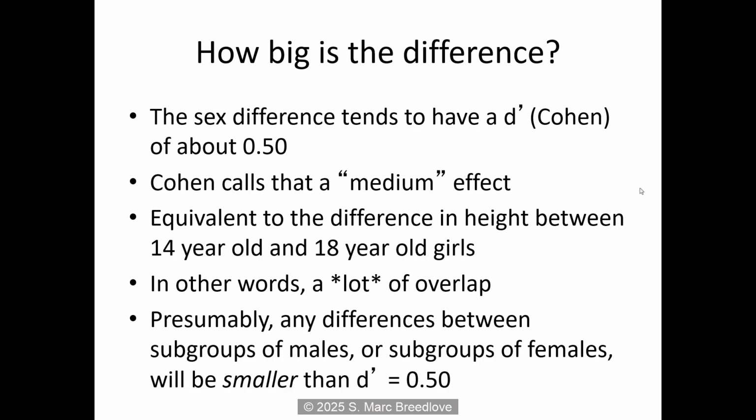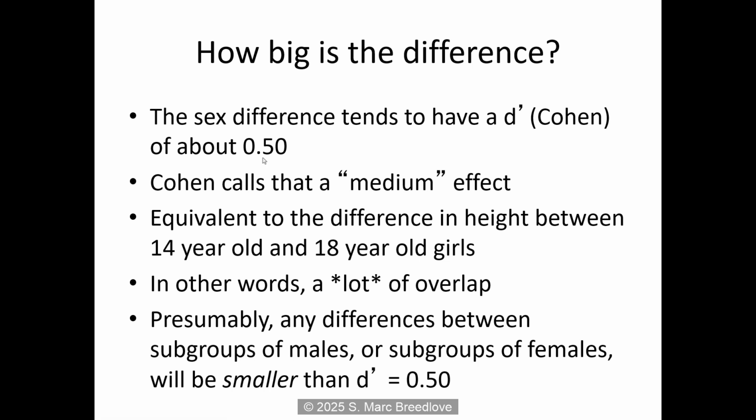Anyway, the difference is a medium-sized difference. One way of asking how big a difference is to ask how many standard deviations separate the two population means. In psychology, a D prime of half is considered medium.